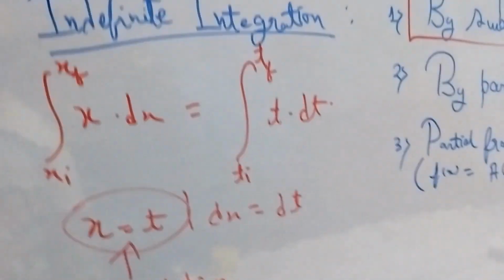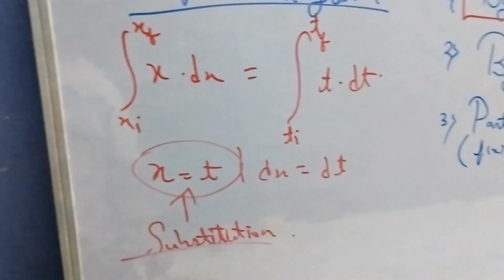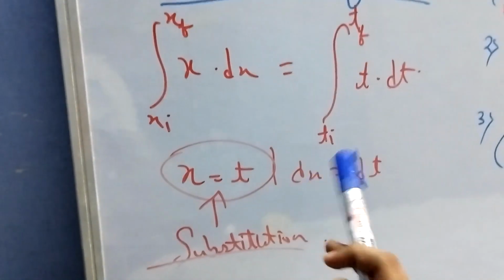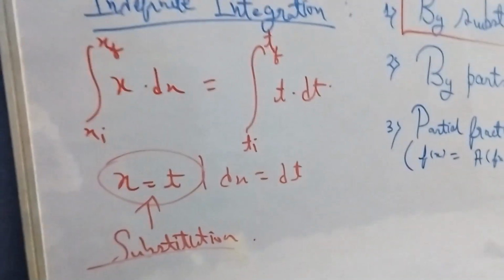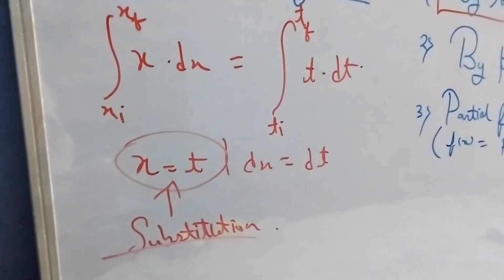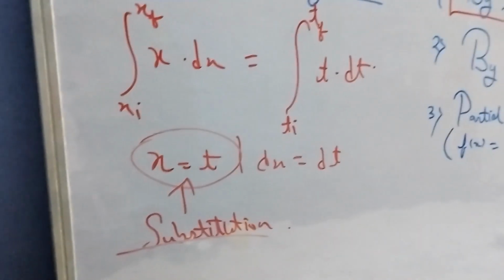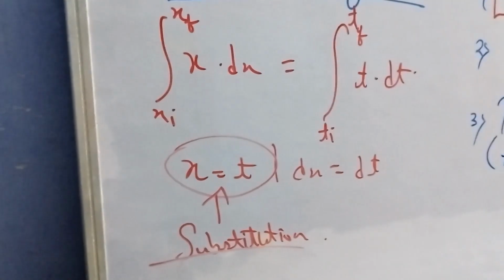So let's get started. Here you can see I wrote a formula. This is a very simple formula, but literally it does not make any sense. When I was a student, I used to wonder what this equation is and how it makes sense, but you will see later on why it makes sense and how simple it is.